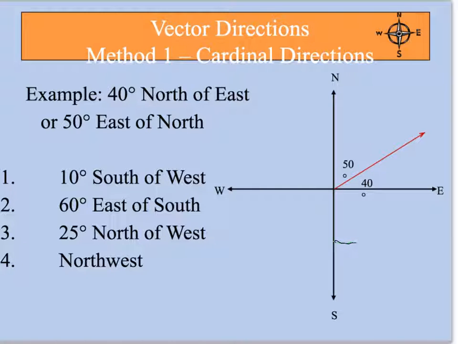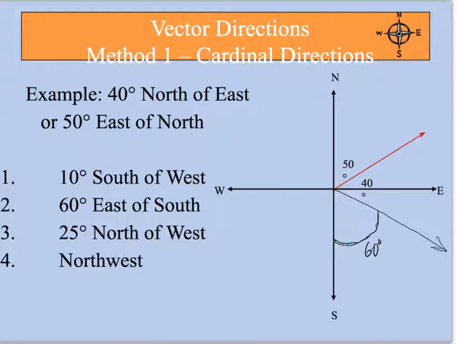And 60 degrees would be a little bit more than halfway, more than 45, if 45 is halfway between 0 and 90. So I would say something about right there. So this will be considered 60 degrees east of south, right?